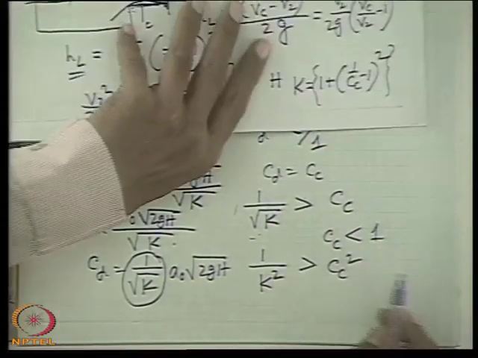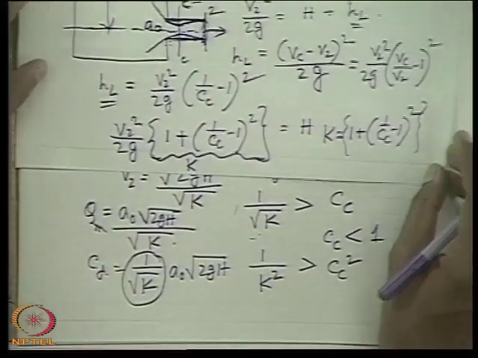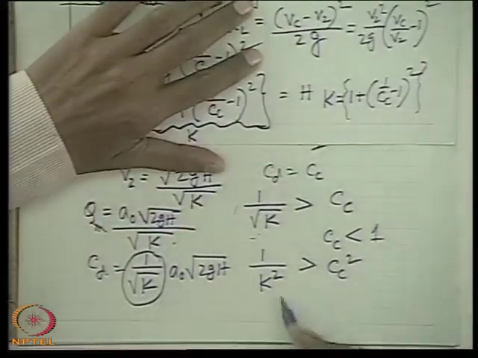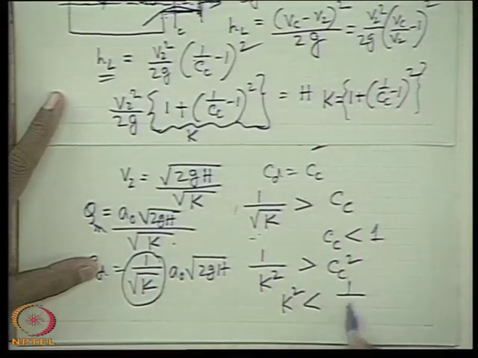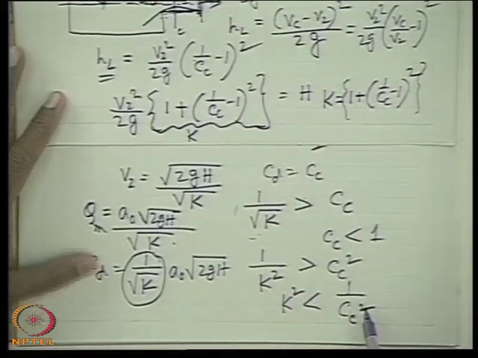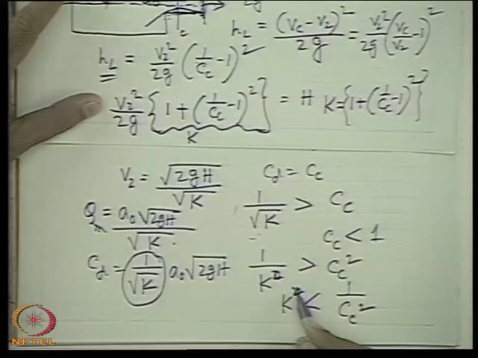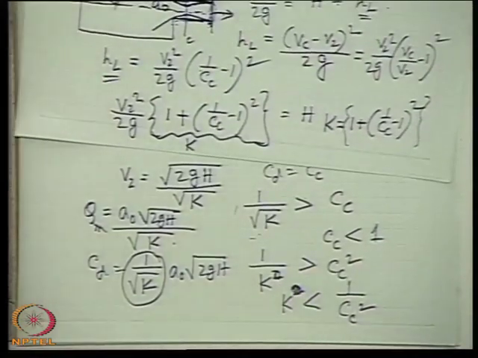Okay, you see that this can always be proved, or you can prove it the other way: K is less than 1 by CC square.